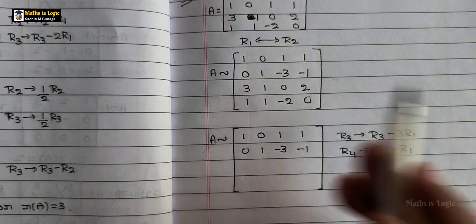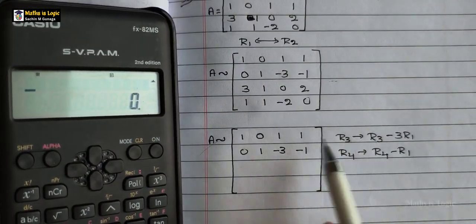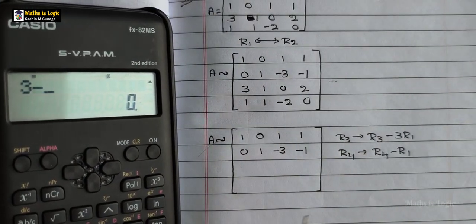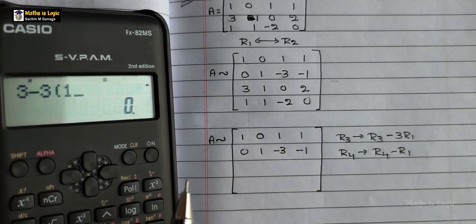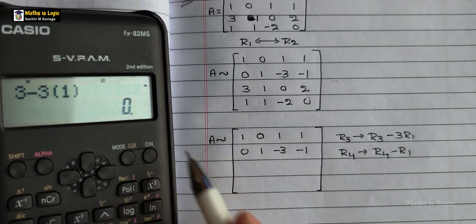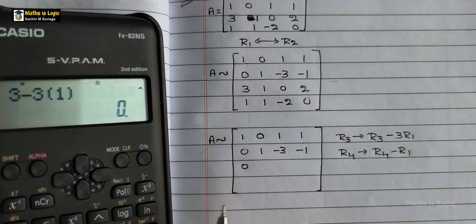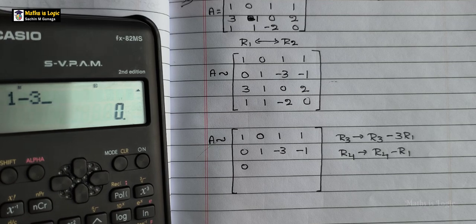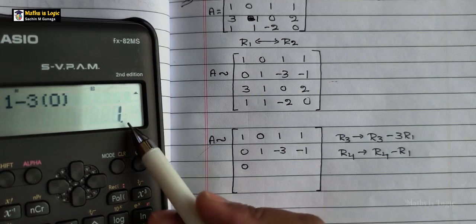Now apply R3. So you can see here R3 is 3 minus 3 times R1, which is 1. Complete the bracket, it is 0. So right here 0. Next R3 is 1. 1 minus 3 times 0 is 1.